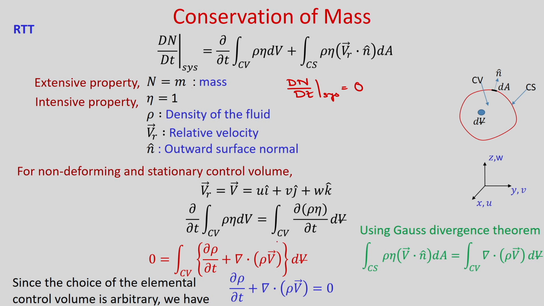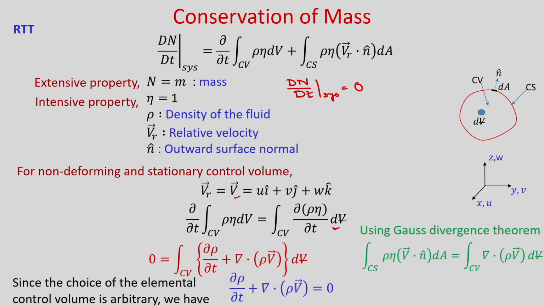So, you can see that for a non-deforming and stationary control volume Vr will be V, and for a non-deforming control volume this first integral we can write as volume integral del rho eta by del t dV. Okay.